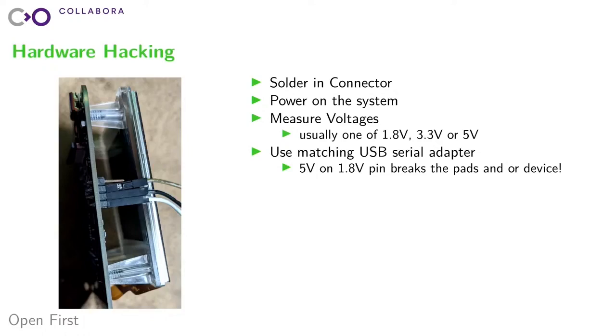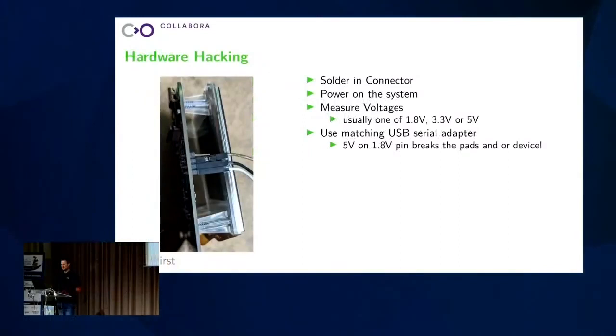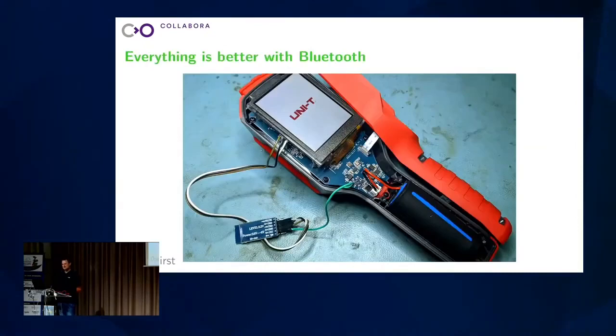But then afterwards, I was wondering, it would be nice if I can close the case and carry it around with some kind of serial still attached. So I was considering what options I have. And after thinking a little bit, I noticed, well, I still have a Bluetooth module lying around, and everything is better with Bluetooth. So let's attach a Bluetooth module and go serial over Bluetooth.